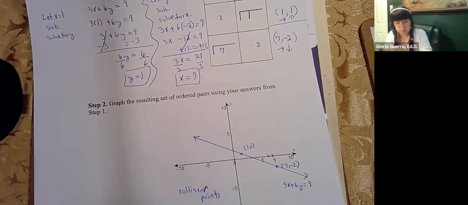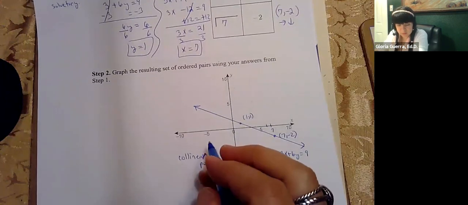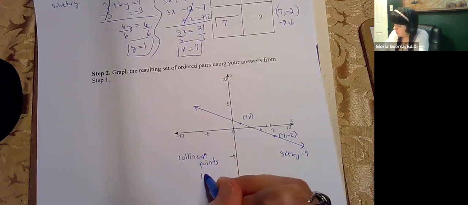And the name of the equation is 3x plus 6y equals 9. These are collinear points. Collinear points lie on the same line.